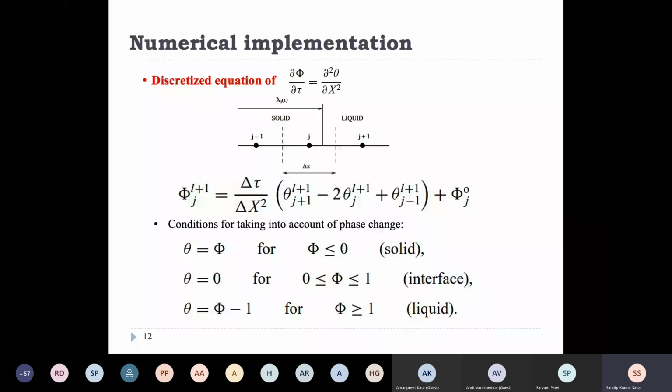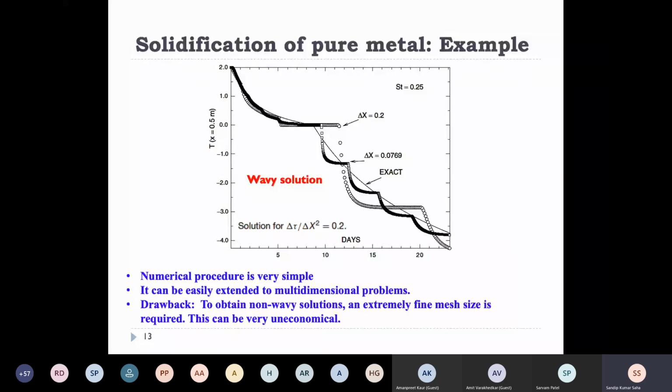Once you solve this equation, if you plot, say, the melt front movement with time, you will get this type of wavy graph. The exact solution also looks wavy, but not very much, because the exact solution is continuous over the domain.